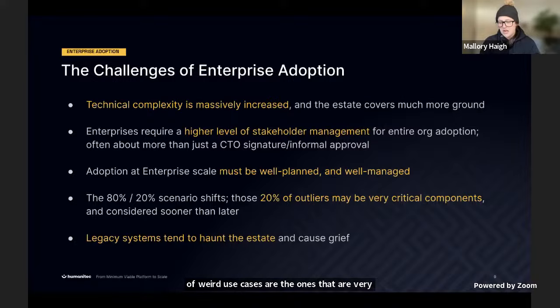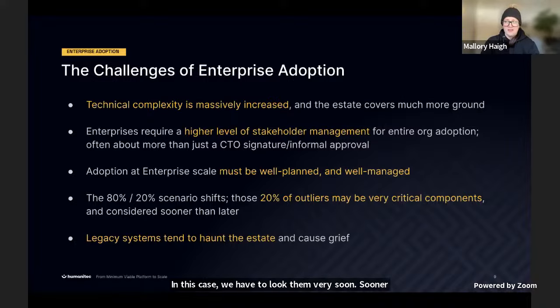So think of stuff like data computing. Think of stuff like high performance messaging or high performance transfer of data or information, things that are not 80% of the technical estate, but a very critical part of the business. In this case, we have to look at them very soon, sooner than later.